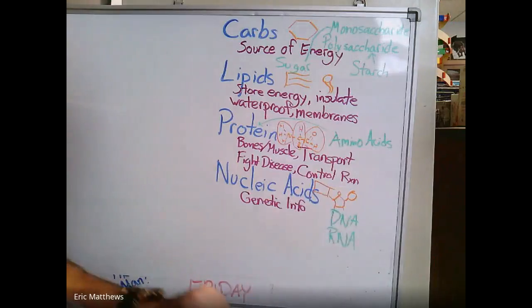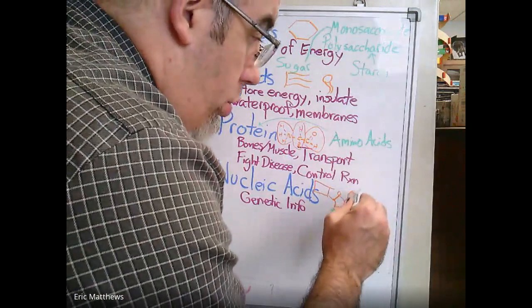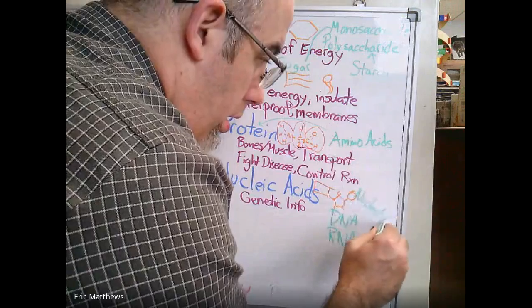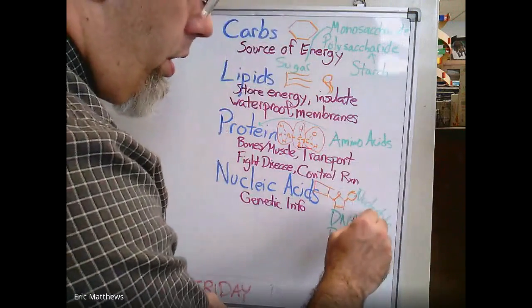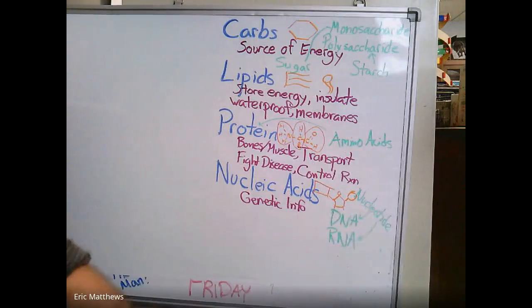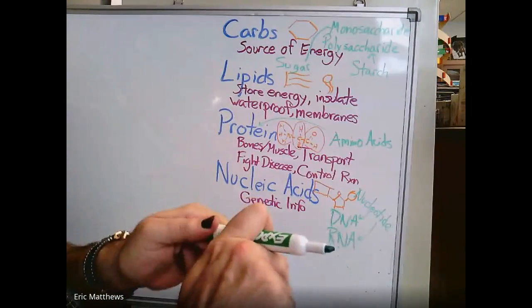And the individual subunit right here is called a nucleotide. So the nucleotides build both of those, monomer, polymer. Great. We've covered our 4 organic molecules.